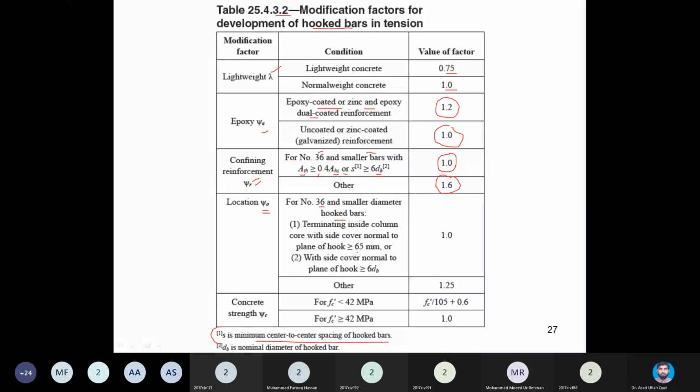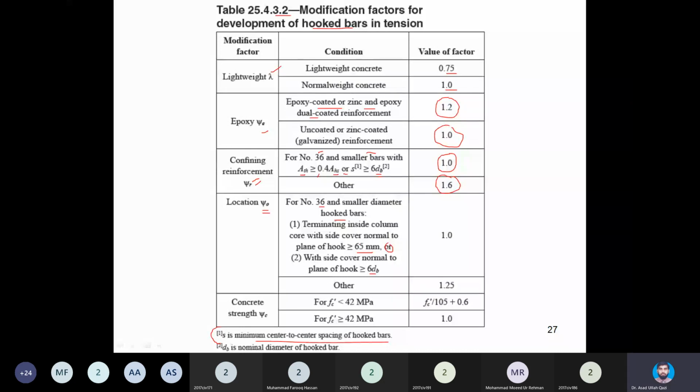or in between, with the side cover normal to the plane of hook at least equal to 6 times their diameter itself. Again, quite a big demand. 65 is quite lenient, but this 6 times diameter, but there is an or.